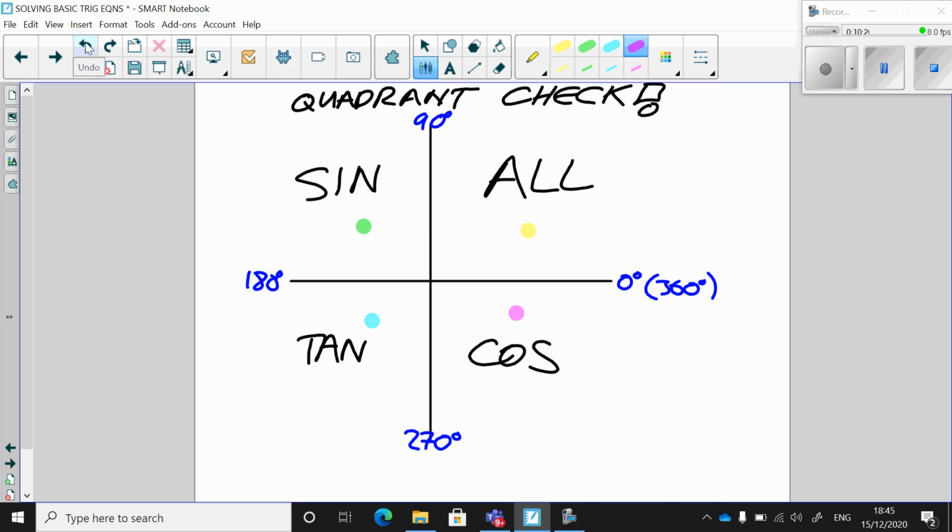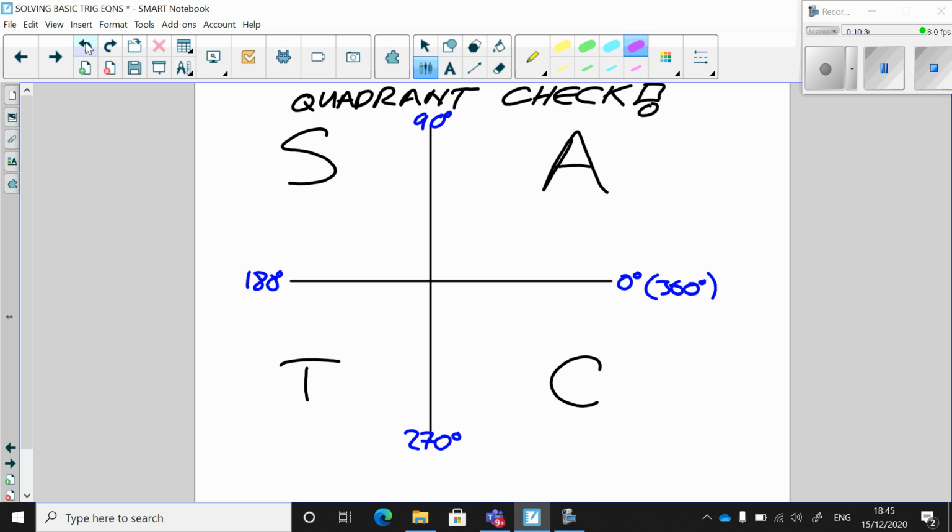Somebody's made that up. So they told me, and I'm telling you, all sine, tan, cos. That's fine. We might as well use the letters because there's no doubles there. So ASTC. That's fine.